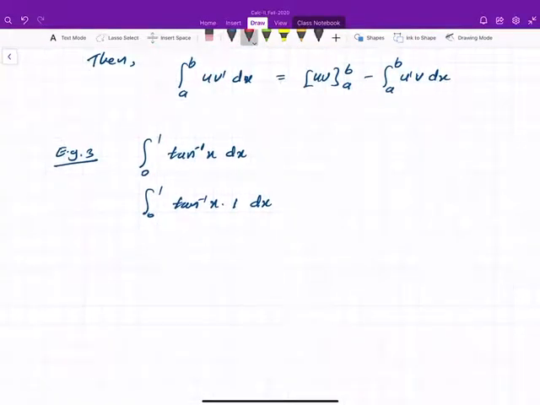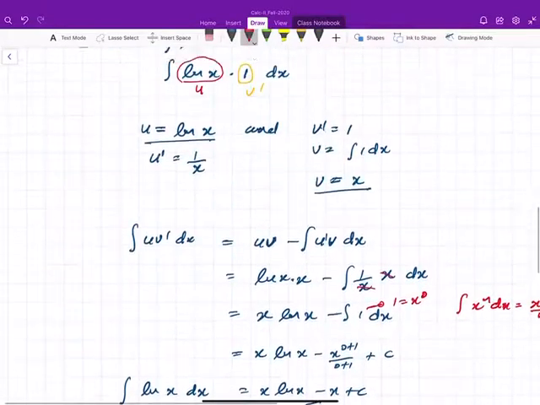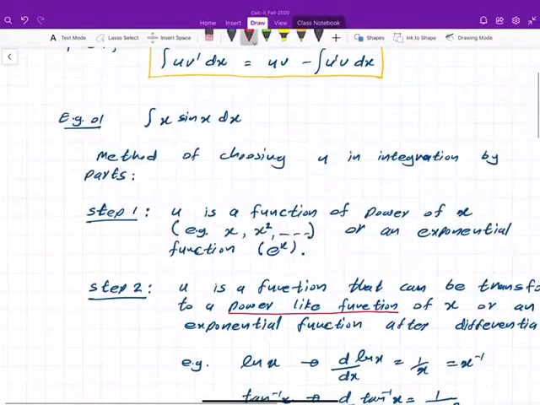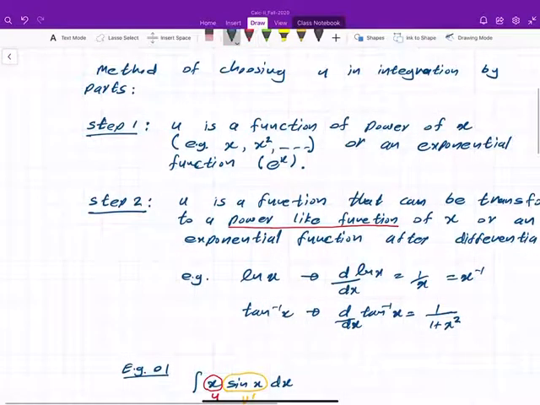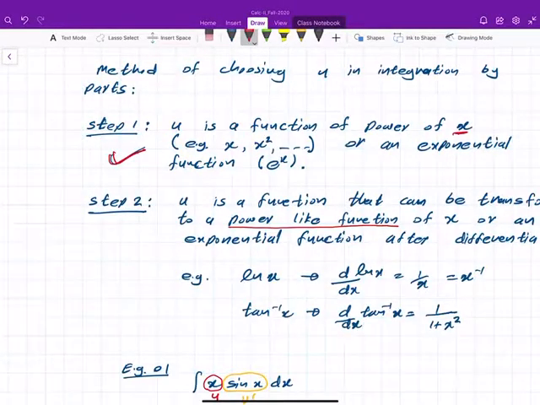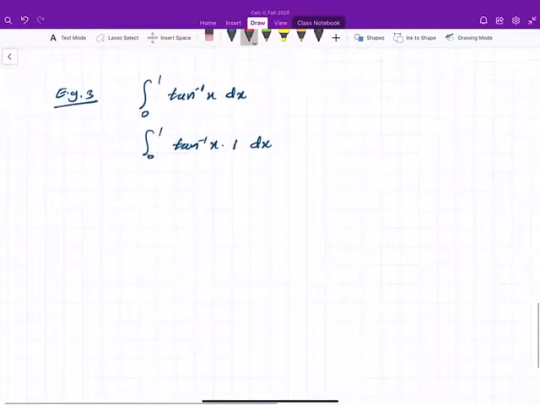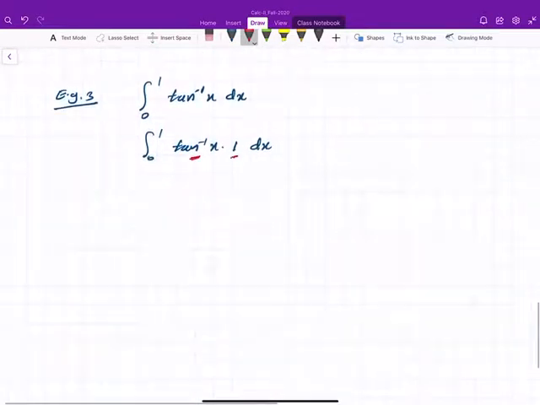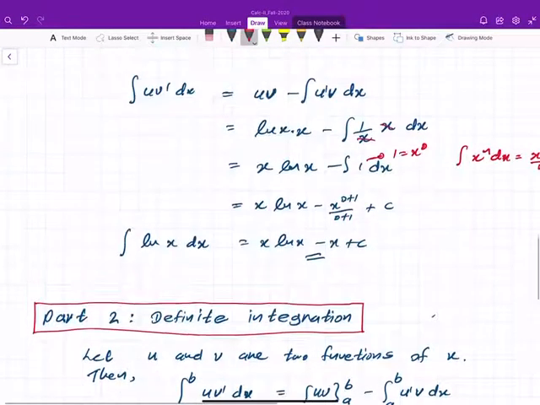Alright, now you have to find u. What is u, what is v? Okay, just go to the method. In the method, step number 1 is you have to find u as a function of power of x. That doesn't happen over there. It has tan inverse x and x. None of them are powers of x.